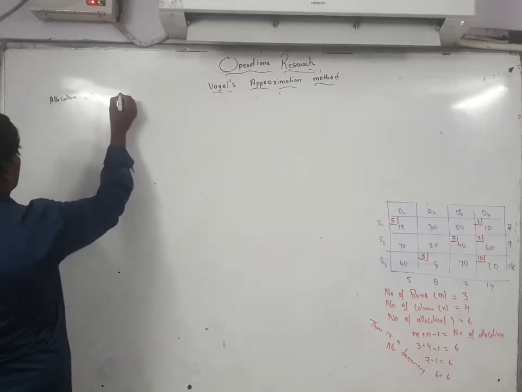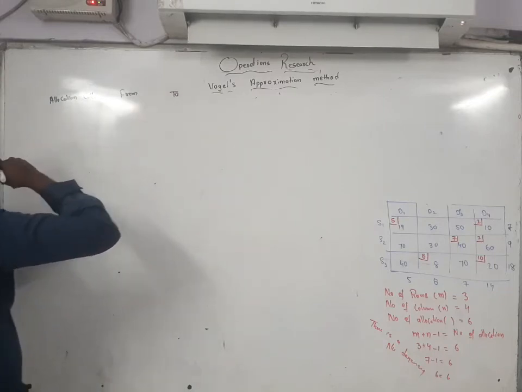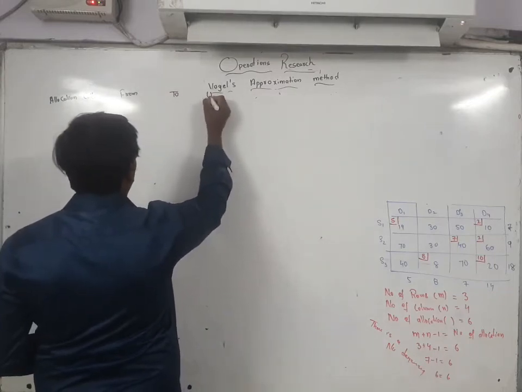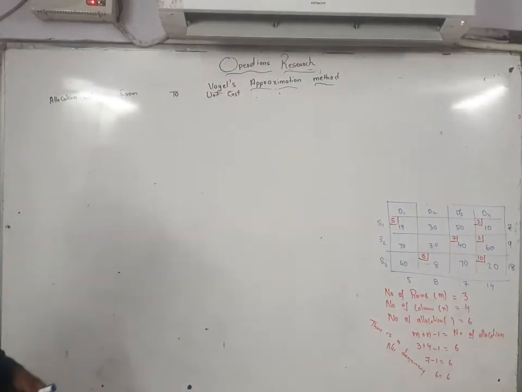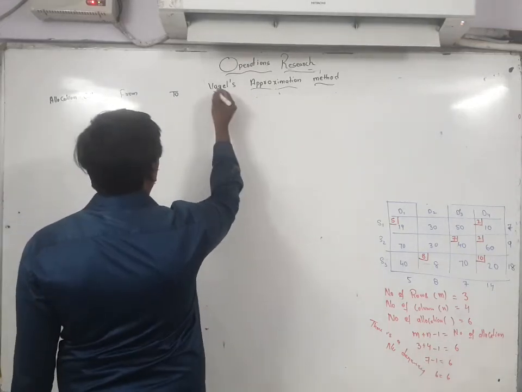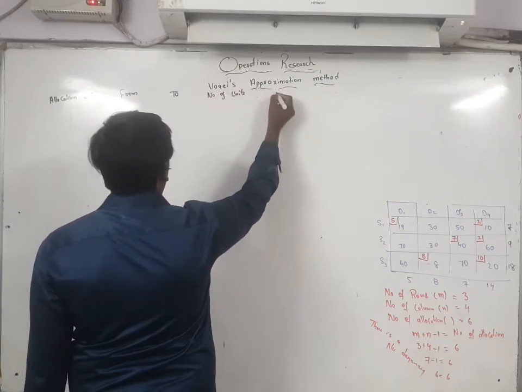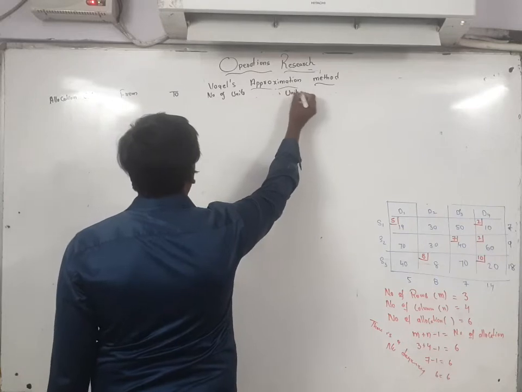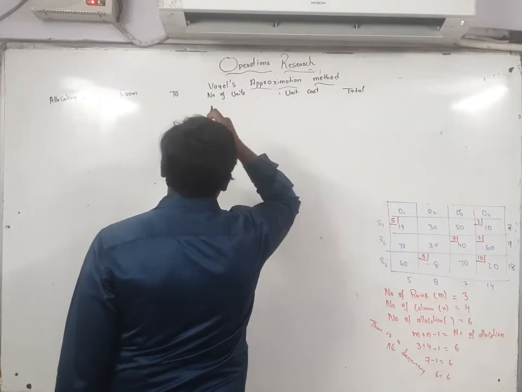Then from, then to, then number of units, then unit cost, and the next column, the last one, is the total.